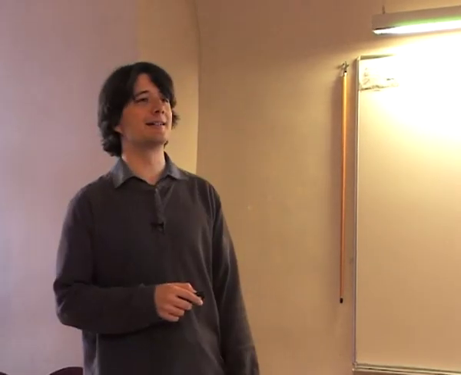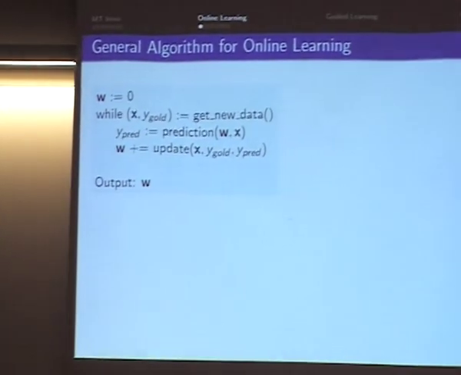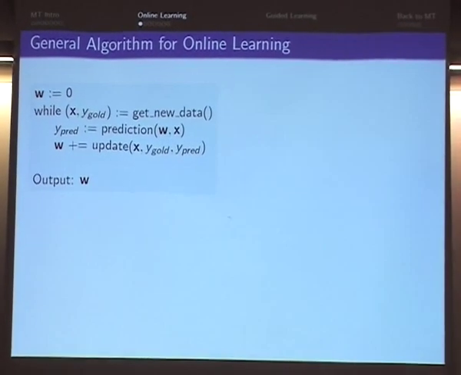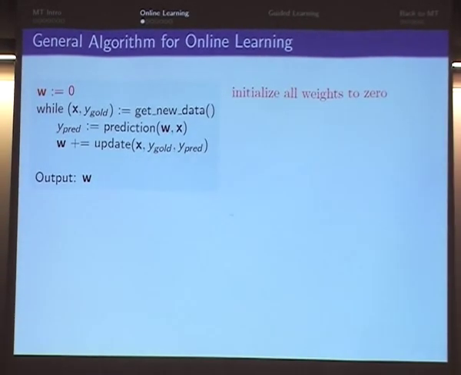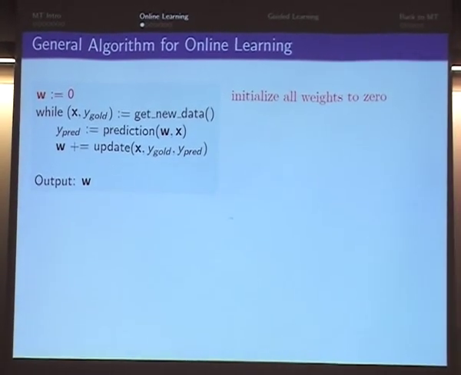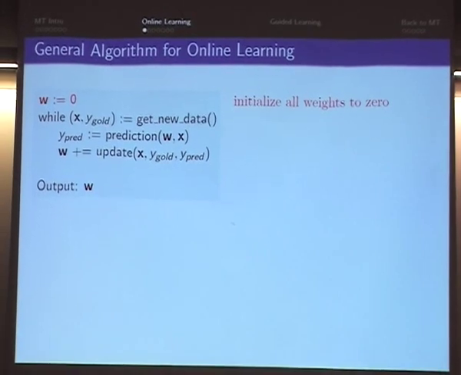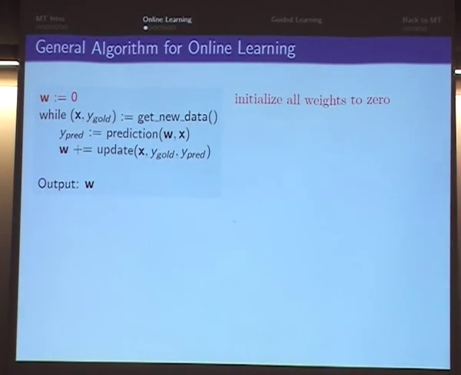This is the whole algorithm. So you can program it in a few minutes. Actually, the idea is that first you have some parameters called weights of the model. You initialize, let's say, all to 0 or some small random value.